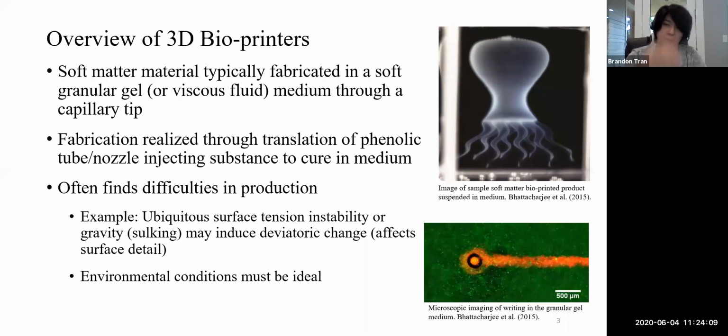It's like when you go get ice cream and try to get the last scoop, and it's always a little peak spike. The same thing happens with 3D printing substances. The other thing is sagging due to gravity. Other things are that environmental conditions need to be ideal. For example, some substances need to survive at 37 degrees Celsius, not a degree higher or lower, if it's very finicky.